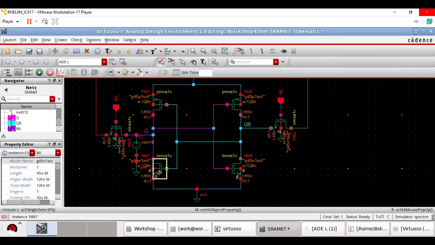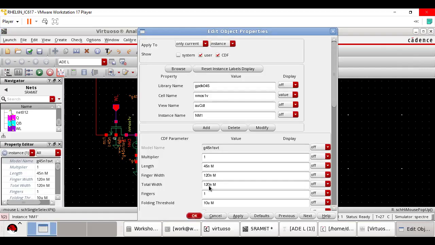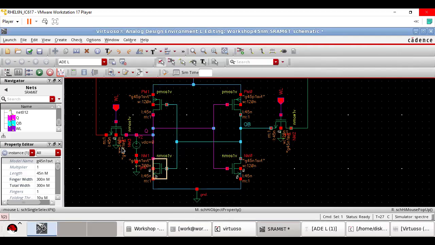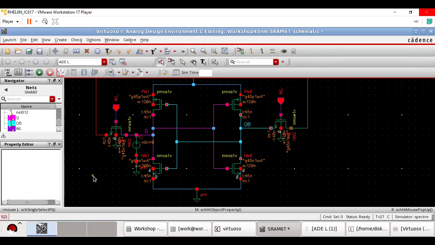And the width of this transistor, I make it 260 or maybe 300 nanometers. I'll explain why this 240 and what drove me to make this 300. These are not random or arbitrary values. I'll show you how this works.